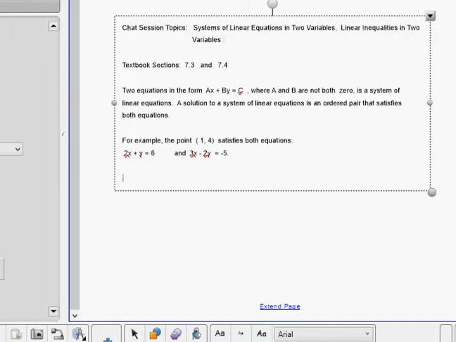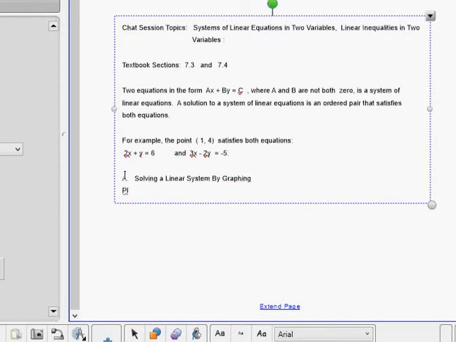First method we're going to talk about is solving a linear system by graphing. This is where you plot each line and look for the point of intersection.